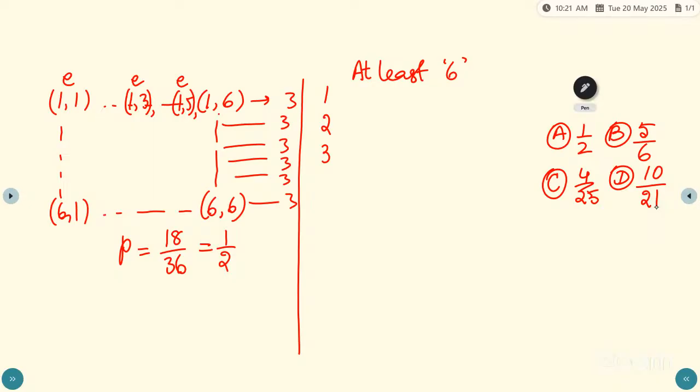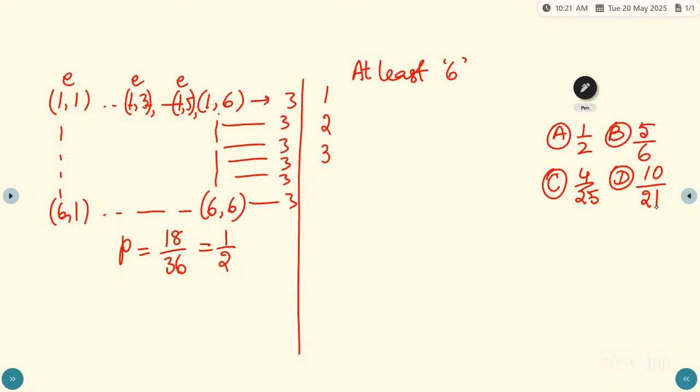So what is given? You have been given a cubical fair die. It is rolled once. When it is rolled once, what are the possible outcomes? We are discussing the cubical fair die.